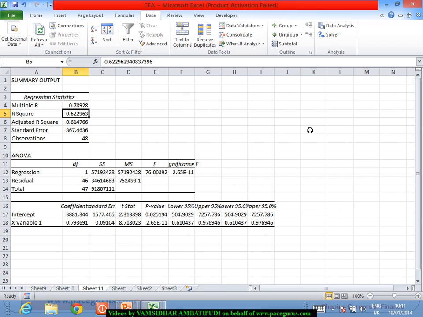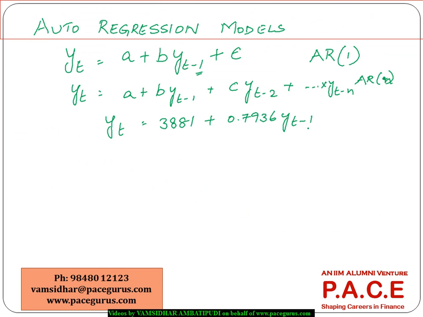But if at all I have to use this kind of regression model, it is expected that my time series, if I have to use this ordinary least squares method of finding the A and B coefficients, needs to be what is called covariance stationary, an important term.